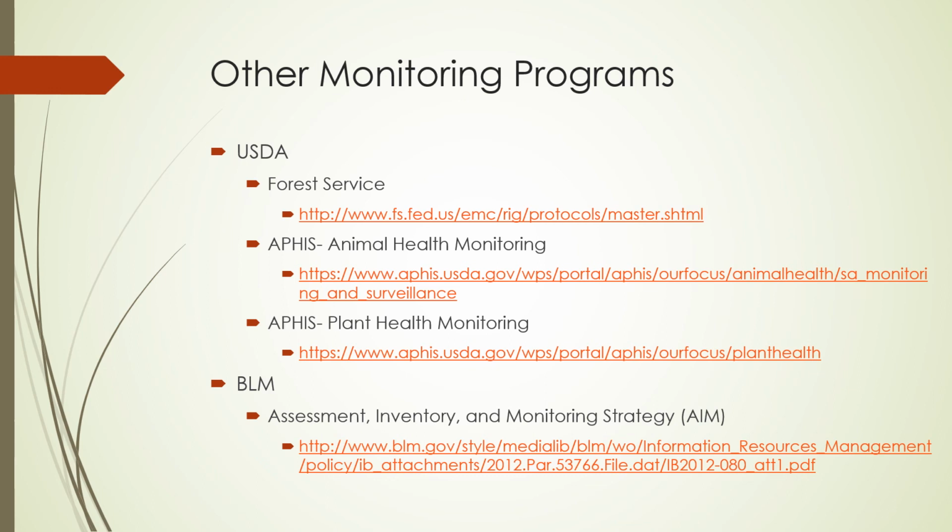And so as a result of being chastised, they've developed a new system that's going to monitor basically the vegetation across their lands. And of course, there's a lot of grazing on BLM land, so hopefully this will give us insight into grazing impacts on vegetation across a very wide area of the western United States.